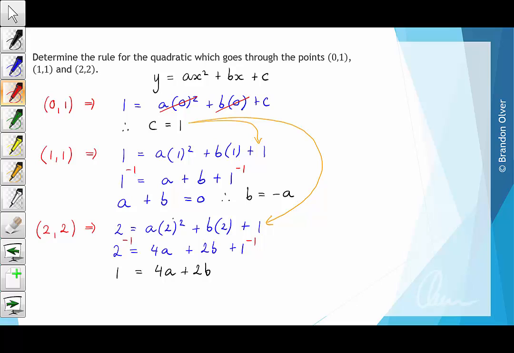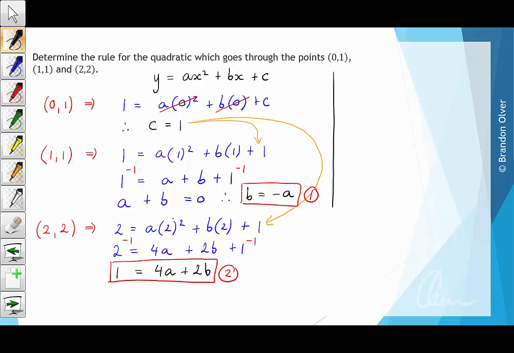If we call this equation 1 and this equation 2, we can solve these simultaneously for a and b. What we can do is substitute equation 1 into equation 2.